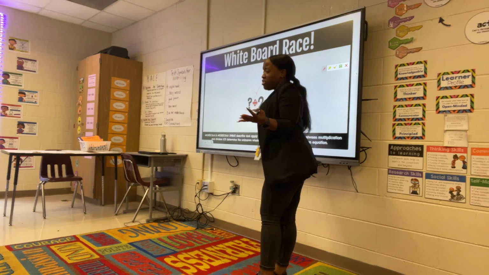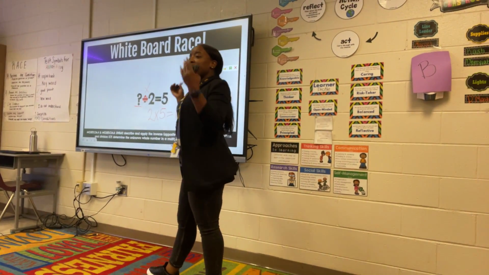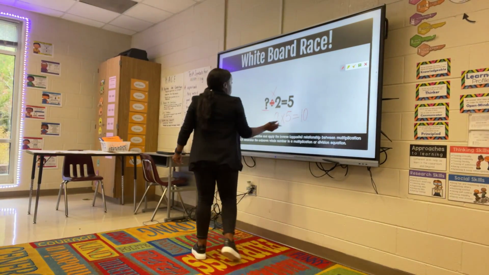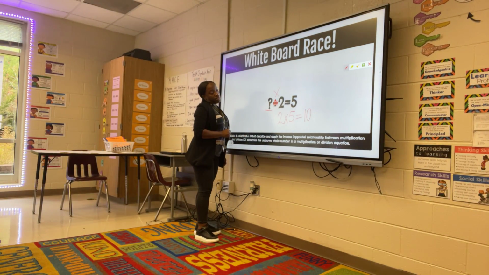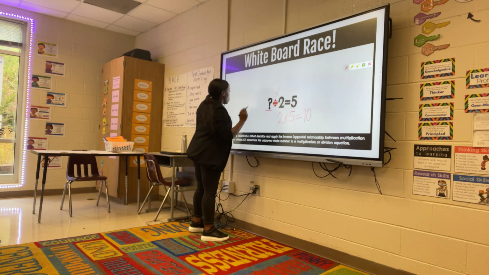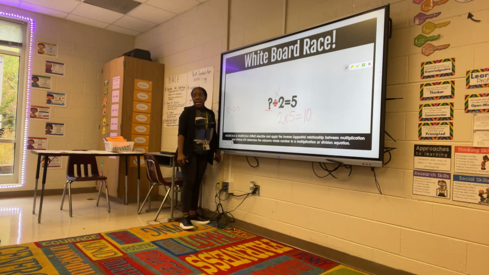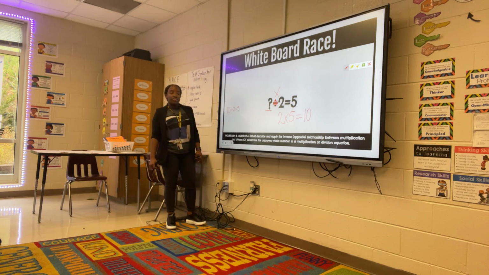Did I have to use any strategies? No. Because our brain tells us that 2 times 5 is 10. So my mystery number is 10. So I'm going to rewrite my equation. So my new equation would be 10 divided by 2 equals 5. Right?